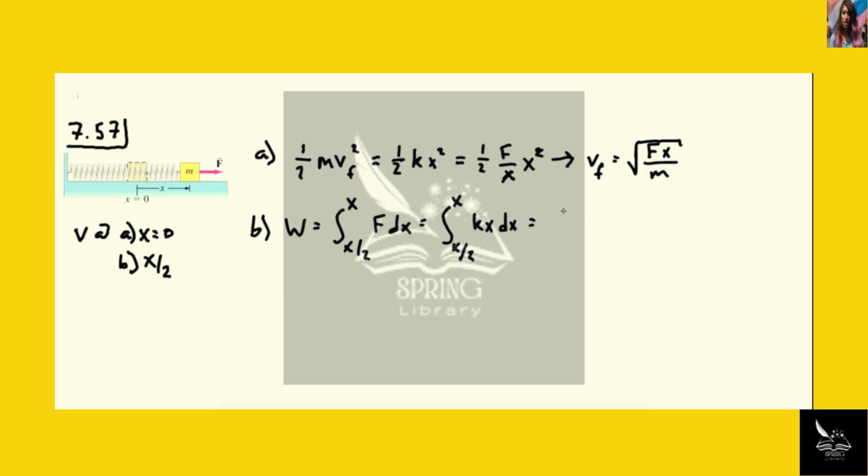So this works out to be 3/8 k x squared, where x here is the constant x. And so we have 1/2 m v final squared equal to 3/8 k x squared.